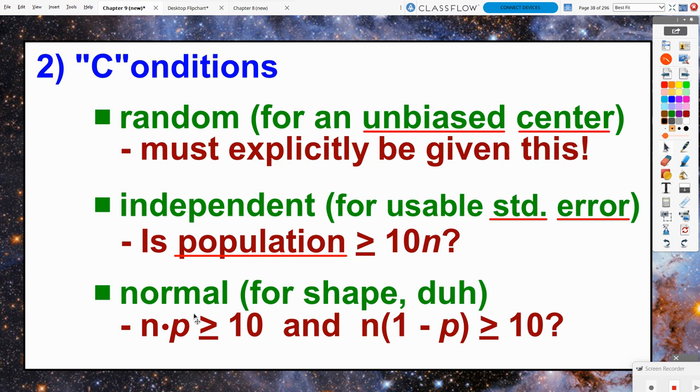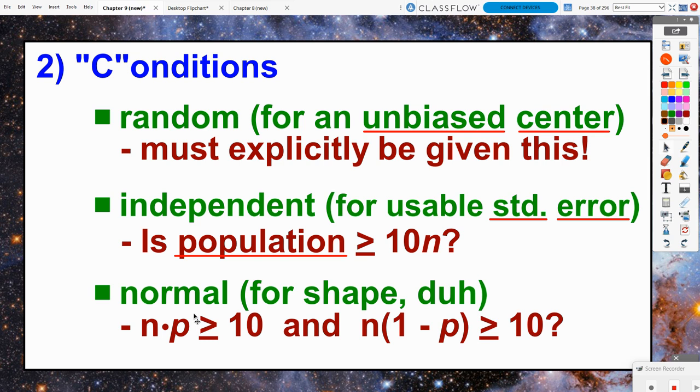Now, we're coming to hypothesis testing. And you might think, well, we don't know what the actual population proportion is. But if you consider, that's our null hypothesis. So the rule of thumb is if you have a population proportion, if you have P, you should use that value. If you don't have the population proportion, but if you have a claimed population proportion, like we are going to have in this chapter, you should be using the null hypothesis value for the normal condition here.